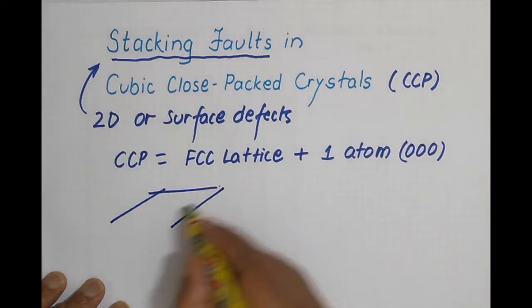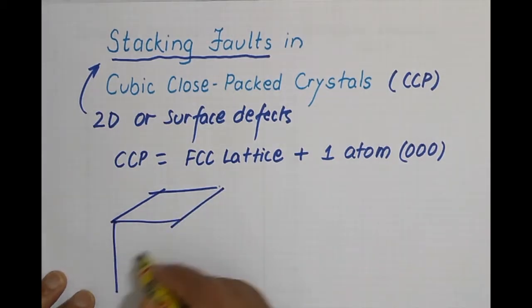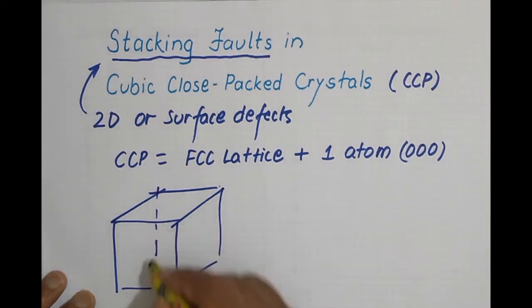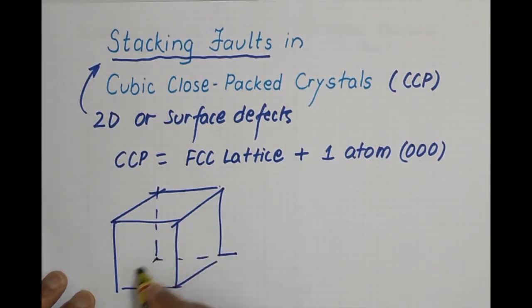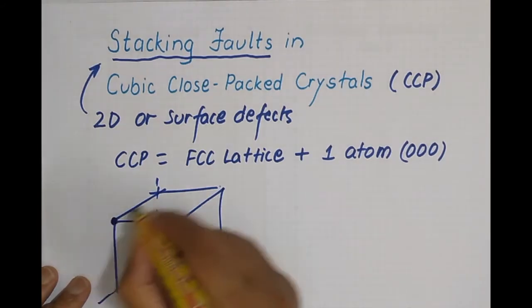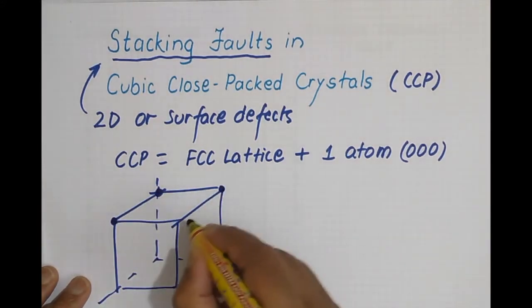Let us draw a simple unit cell. So FCC means the lattice points are at the corners of the cube.